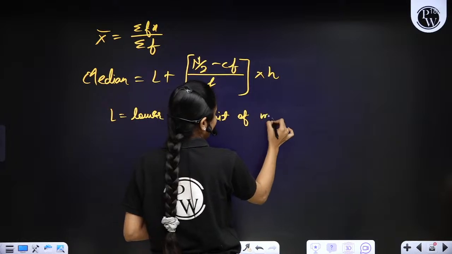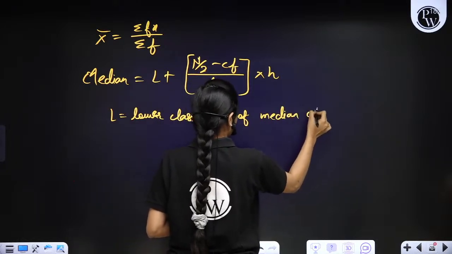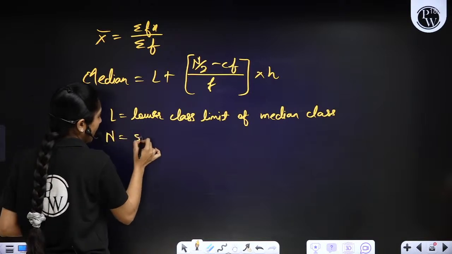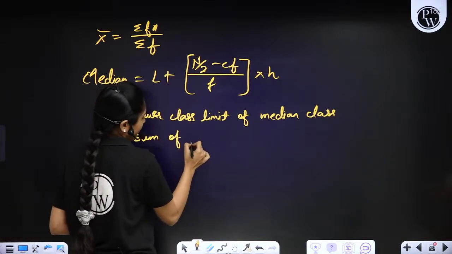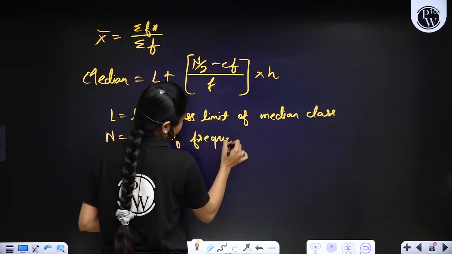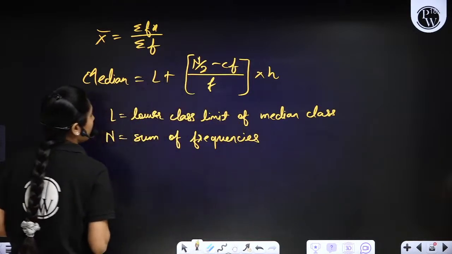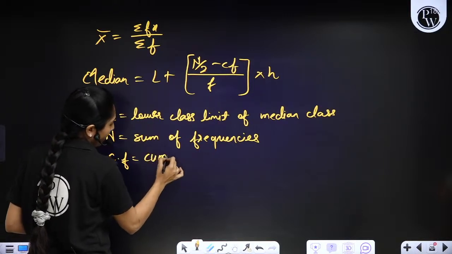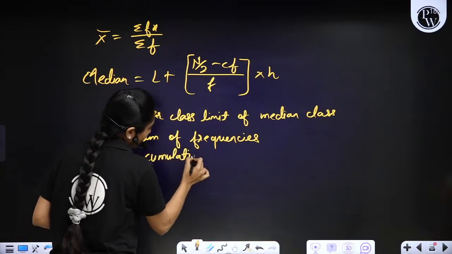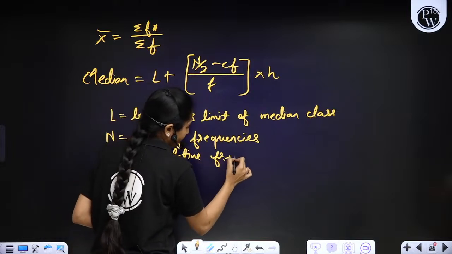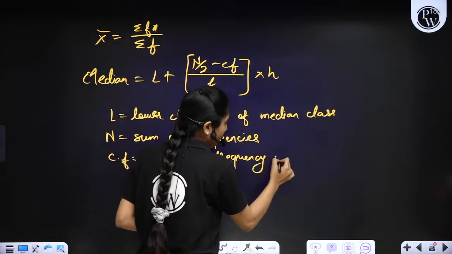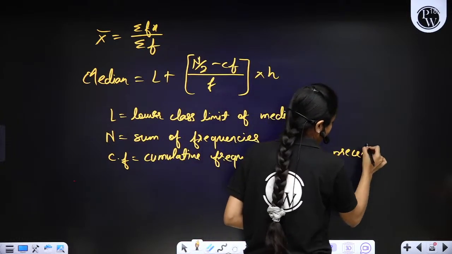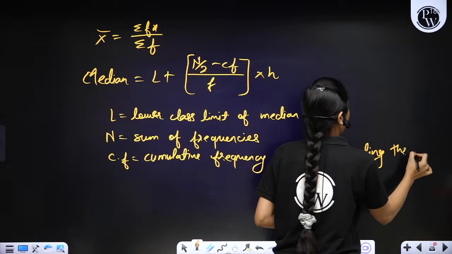of the median class. Then n is the sum of frequencies. Next is CF. CF is the cumulative frequency of the class preceding the median class.